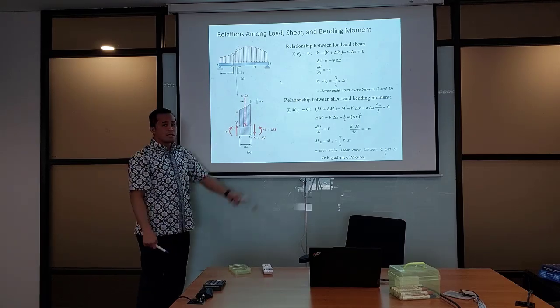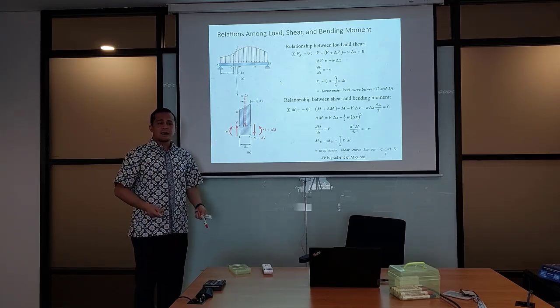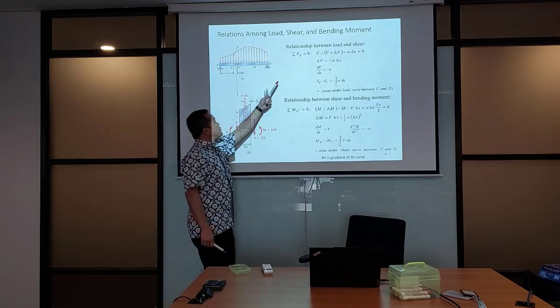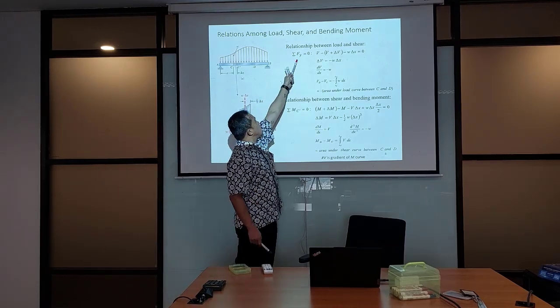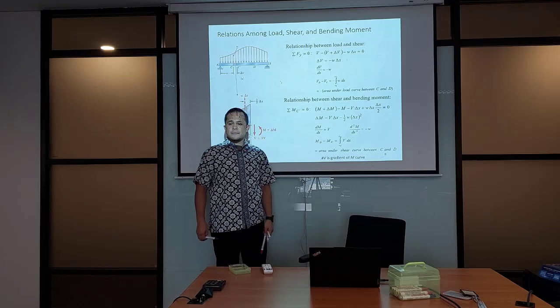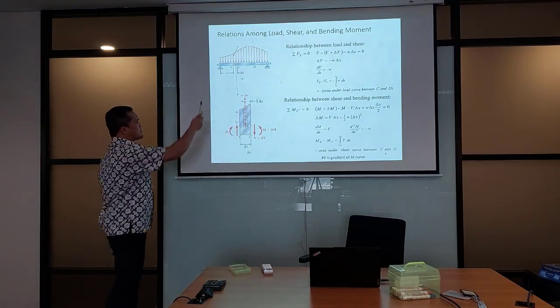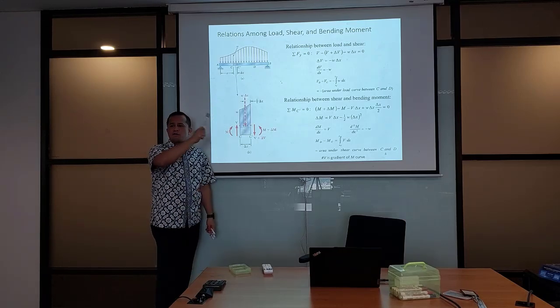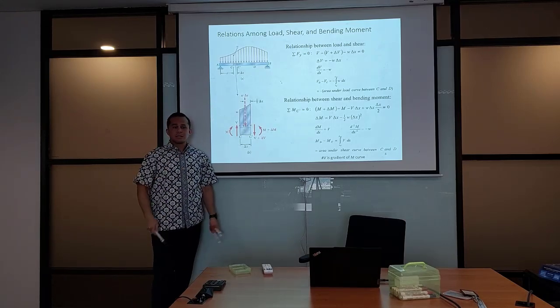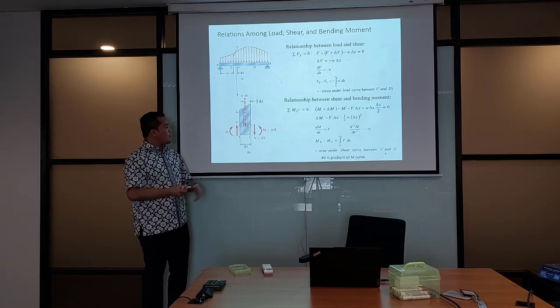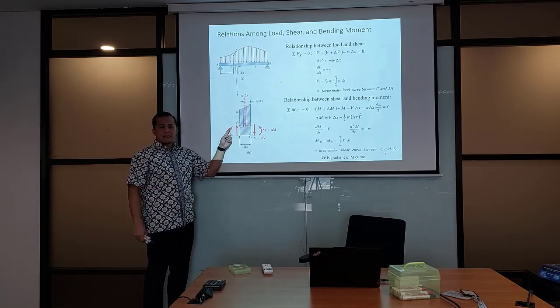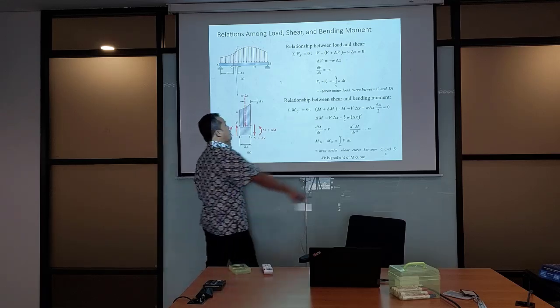Now from here, we apply the equilibrium equation sigma Fy equal to 0, evaluating all forces in the Y direction. So let's start from the left. What you find is V. Is V positive or negative? Positive. So you put V positive.